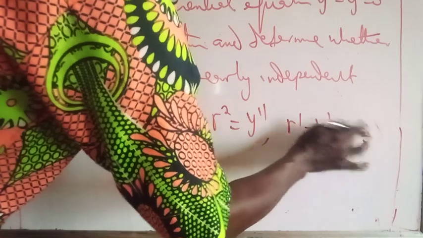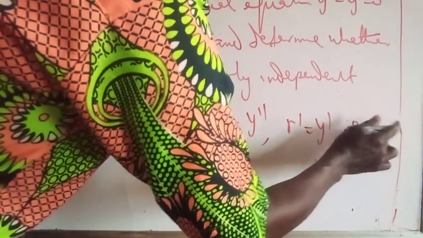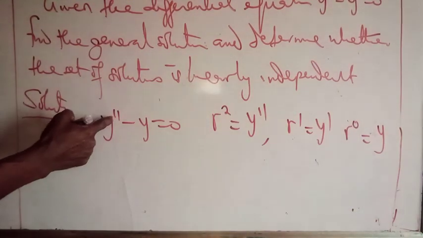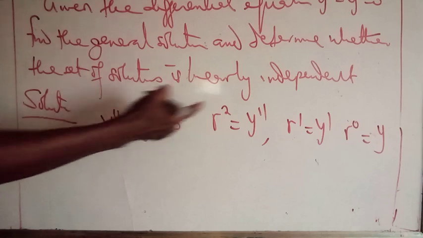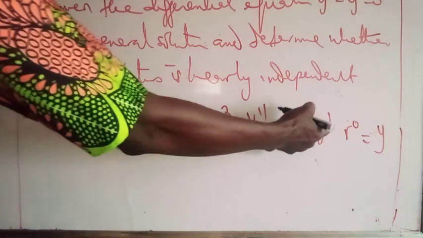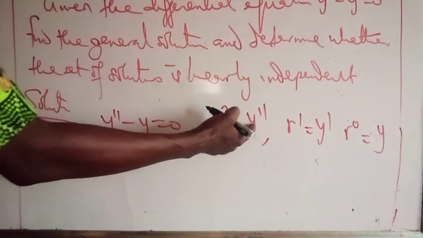The 2 is coming from the second degree here, the 1 is coming from the first degree here. This is the second derivative of y, d squared y dx squared.